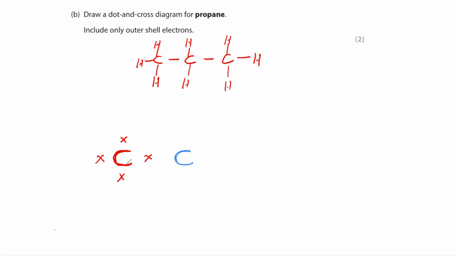Now if this carbon atom is crosses, I have to use dots for the next carbon atom. I can't say all the carbon atoms will have crosses. If one carbon atom is crosses, I have to use dots for the other, so I put 4 dots. Next to that carbon atom there's another one. If this is dots, the next carbon atom is crosses.